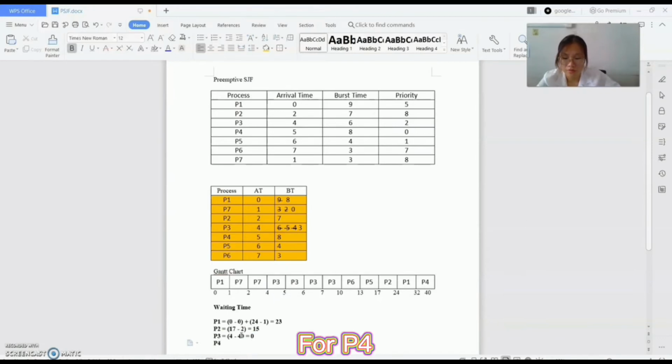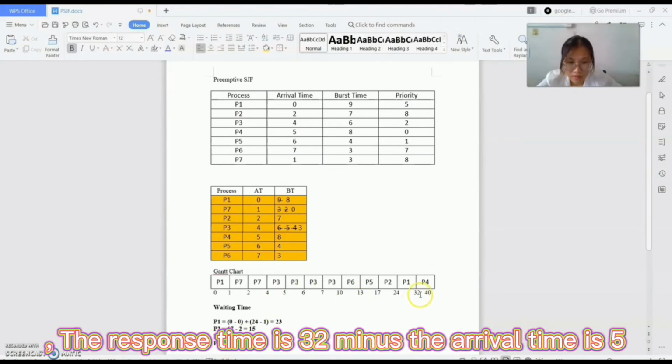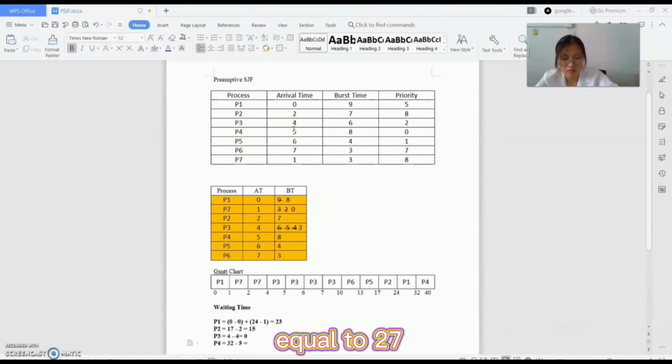For P4, the response time is 32 minus the arrival time is 5, equal to 37.